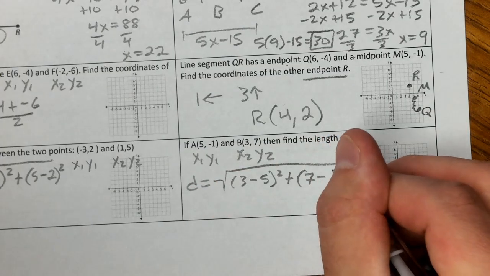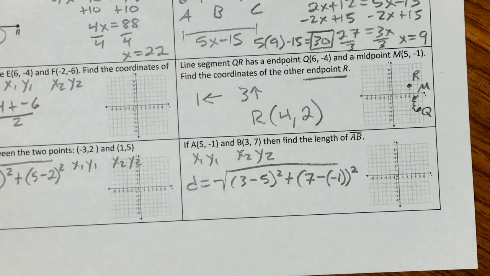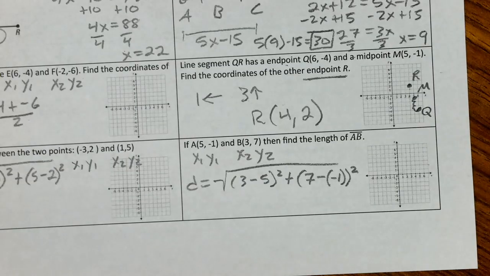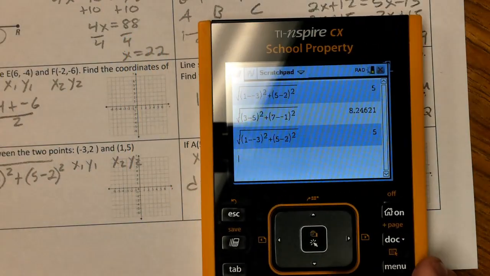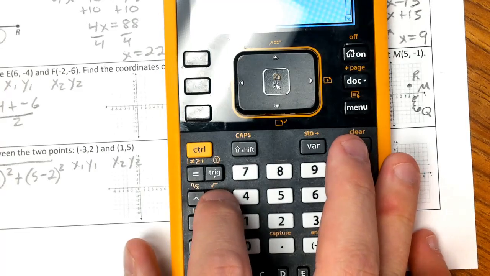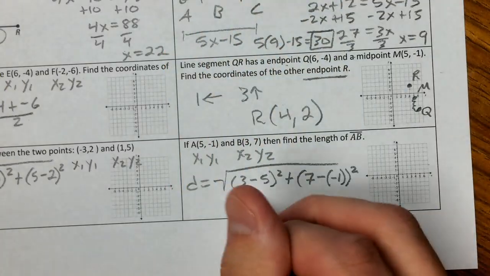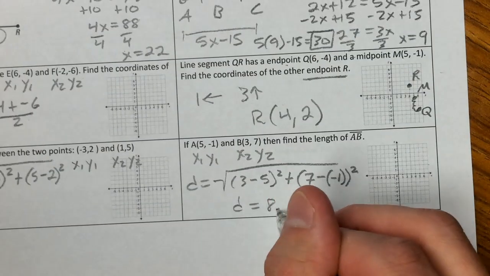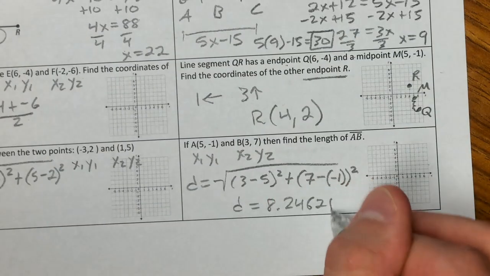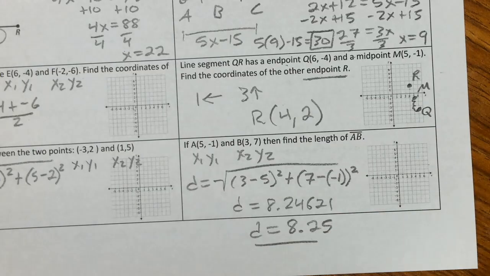So I'm going to do minus parentheses my -1, close it, and then add my square. Plug that into the calculator exactly as you see it. If you don't know how to find the square root button, you hit Control and then my x squared button, and you will trigger this little yellow button right above it. When we get our answer, we will get 8.24621, and we want to round to the nearest hundredth, so 2 decimals, 8.25.